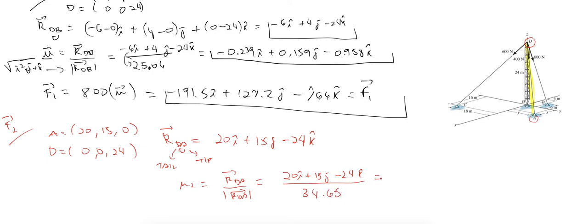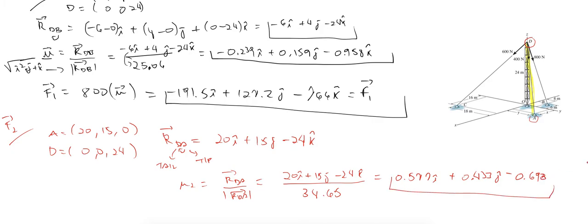And finally, this gives us 20 divided by that, 0.577I plus 0.433J and then minus 0.693K.